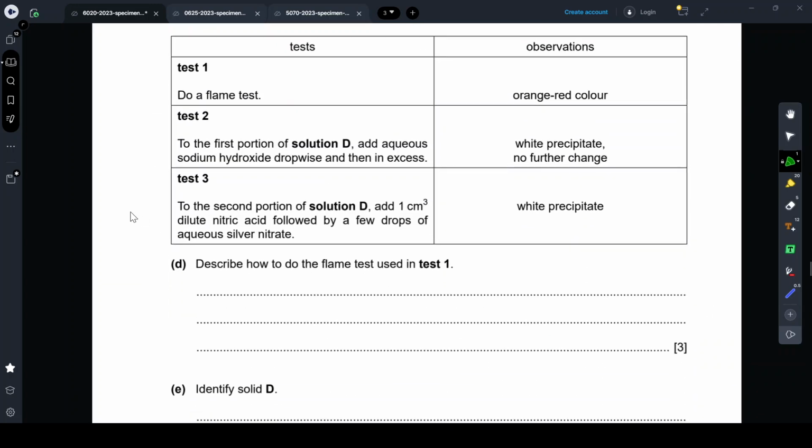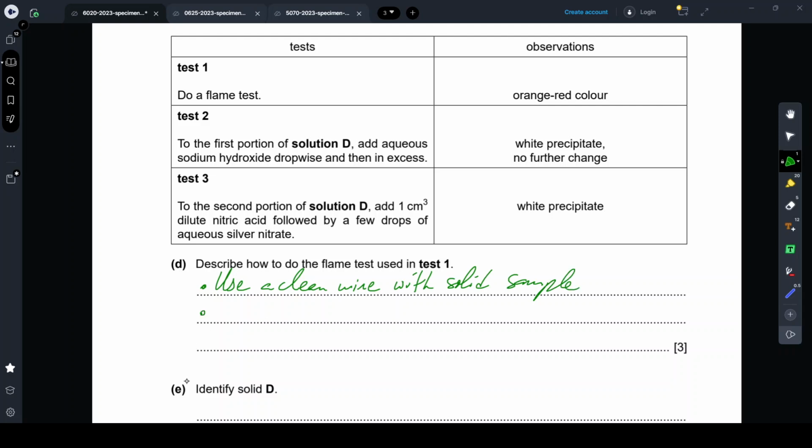Okay, so describe how to do the flame test in test 1. Clean the wire loop. Use a clean wire with the solid sample.